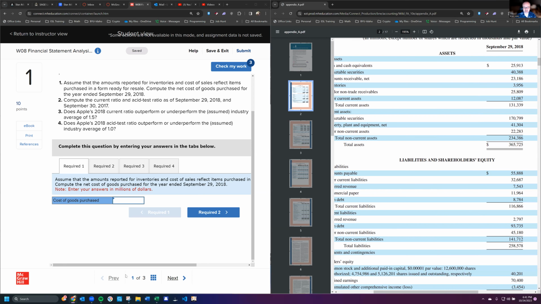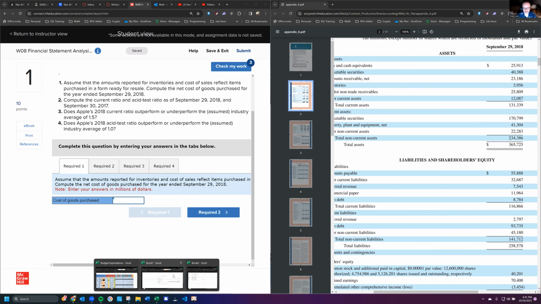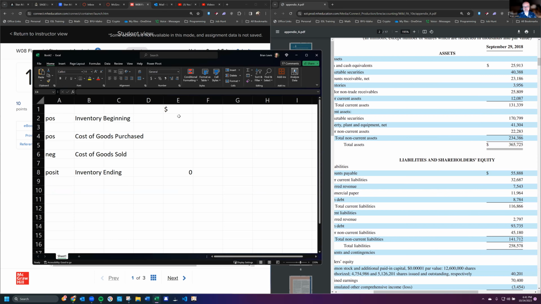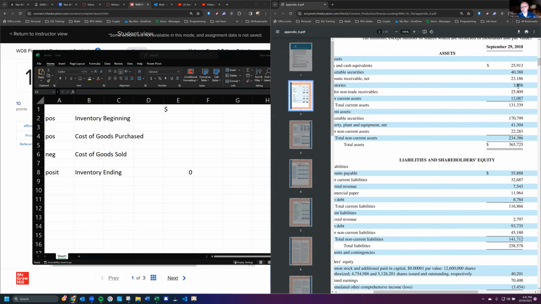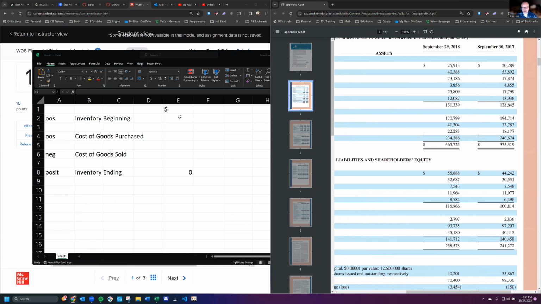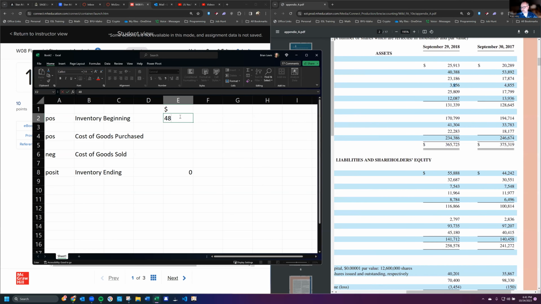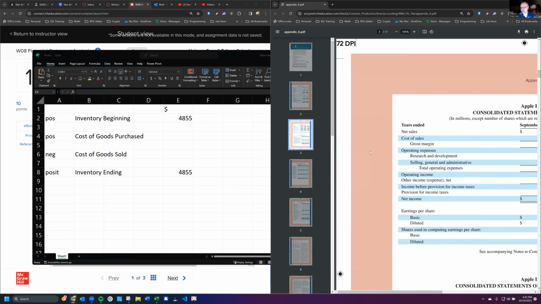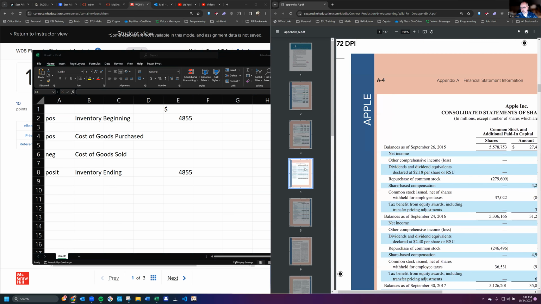Back to Excel. Beginning inventory would be last year's inventory value. So these are inventories. We know the ending is 3956. We know the beginning is 44855. Now, the cost of goods actually is on the income statement.